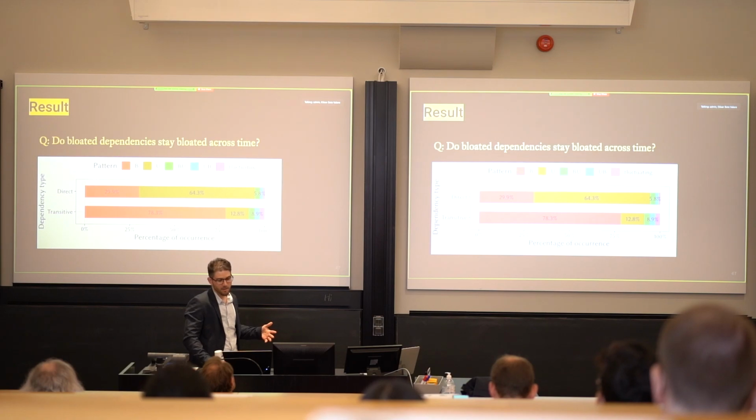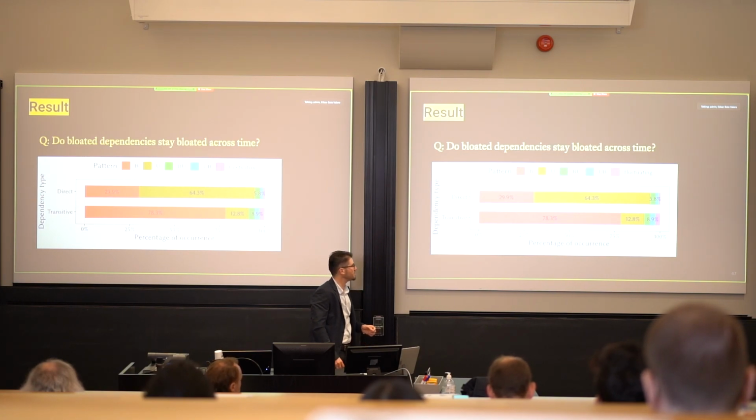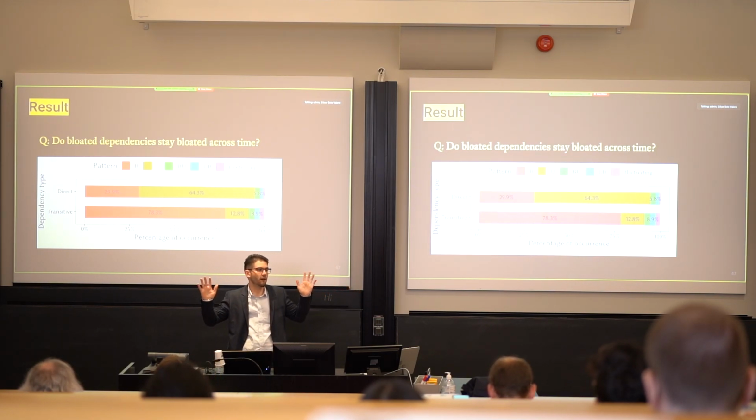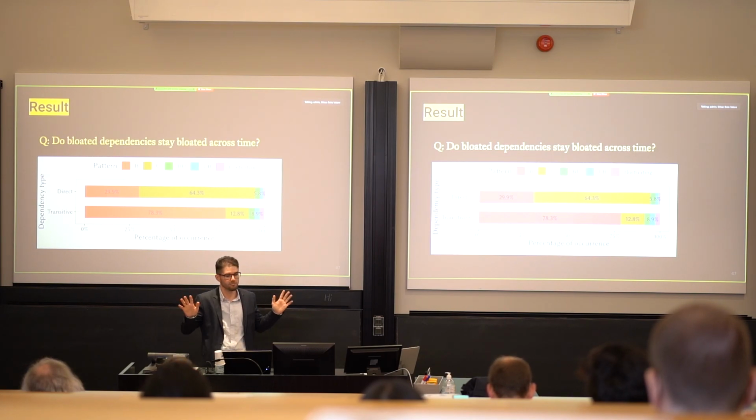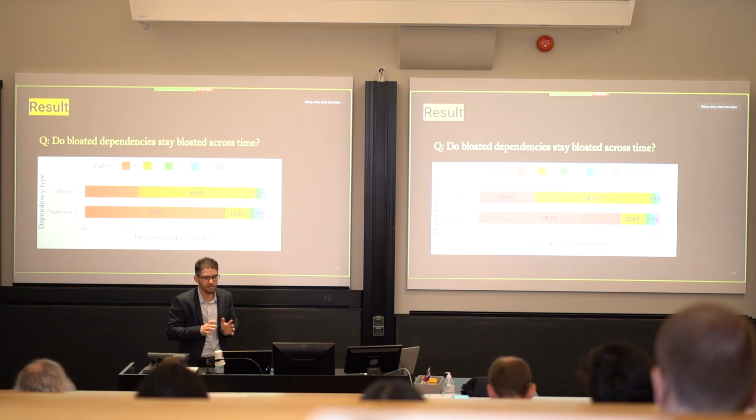In this case, we have 5 patterns. The first pattern is labeled by B, you can see, and it means that the dependency was bloated and it stayed bloated in all the versions of the dependency tree. The second pattern is labeled by U. It means that the dependency was always used from the beginning of the analysis of the project.